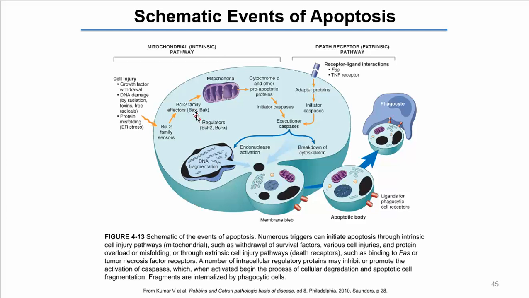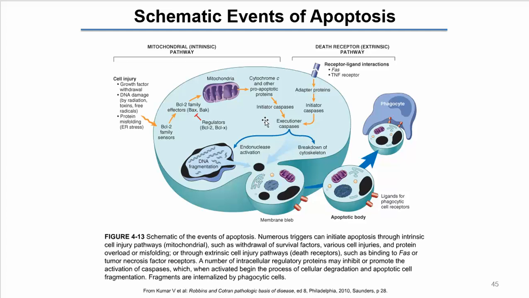All of these things damage the mitochondria and other things, which then initiates the caspases, which then cause the DNA to break up, which triggers apoptosis. Or this extrinsic pathway that says, okay, you're done, and you end up with apoptosis.